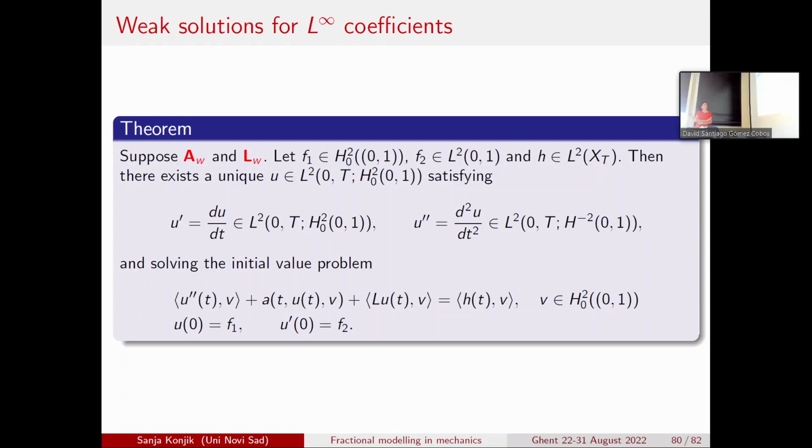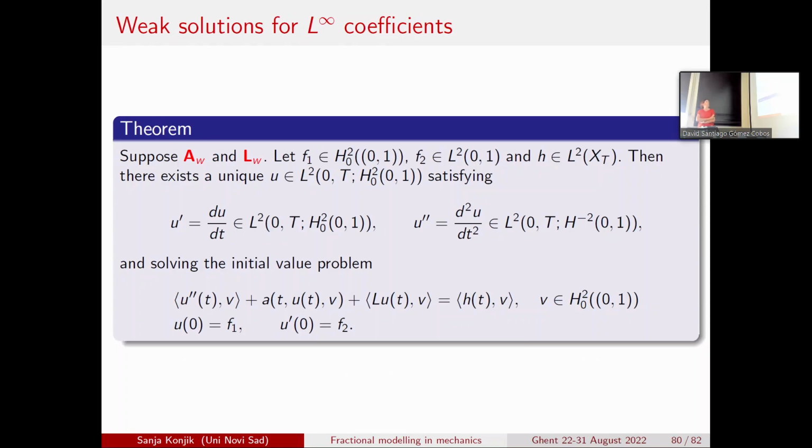And this solution, of course, satisfied the initial value problem. But still, with these weak solutions, we didn't cover the situation when we have in the coefficients of the system, for example, Dirac delta, as I mentioned in the beginning.